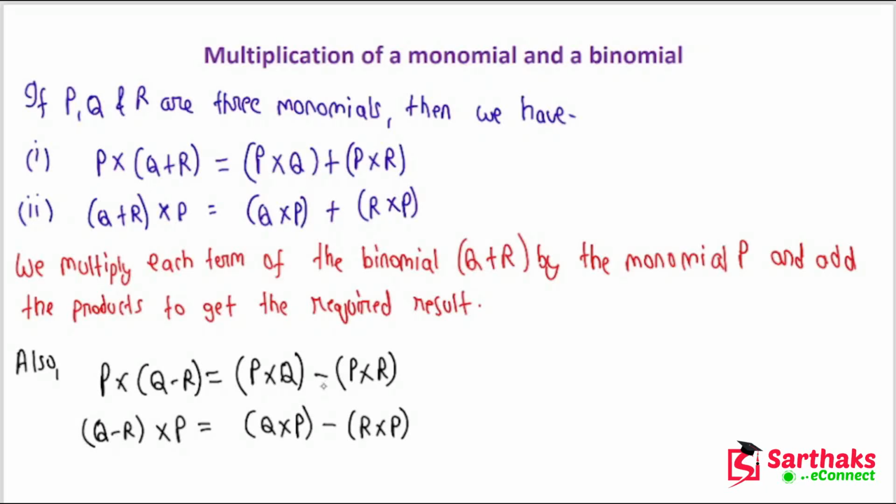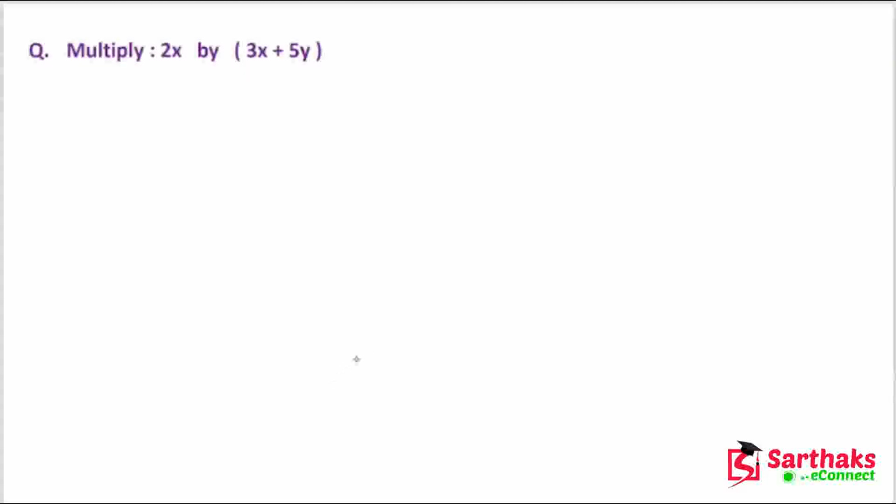It will be clear when I solve some questions. So let us move on to the questions to understand how we apply this method and how to take care of the signs. The first question is multiply 2x by 3x plus 5y. Now 2x has to be multiplied by 3x plus 5y, so it would be 2x into 3x.